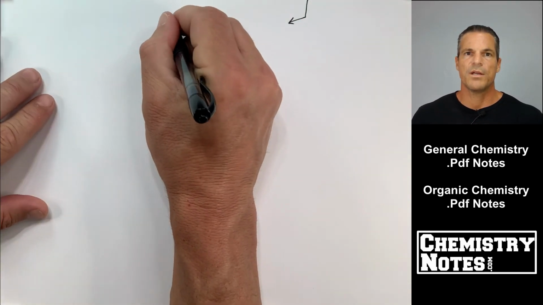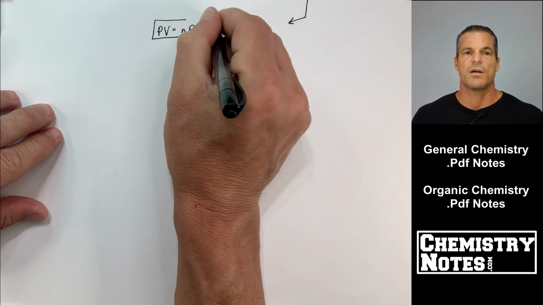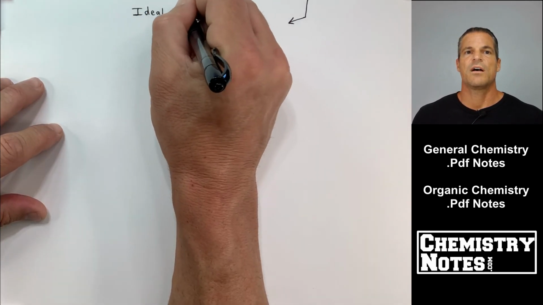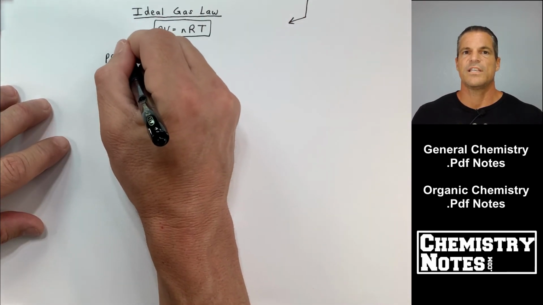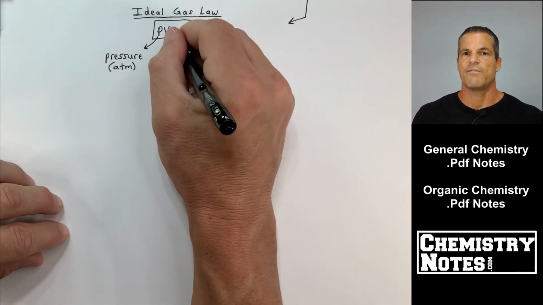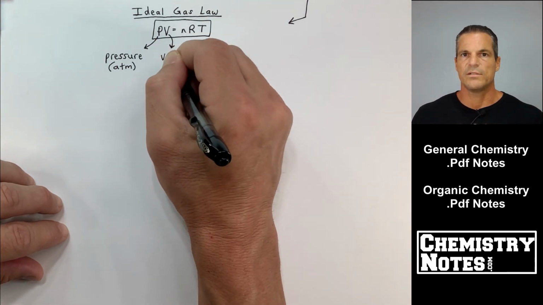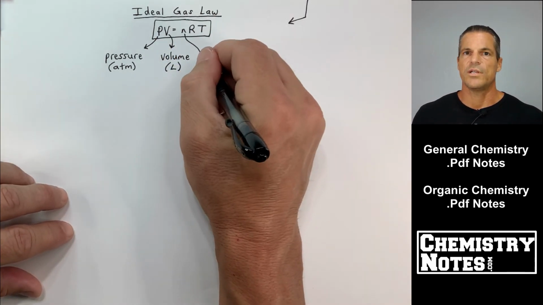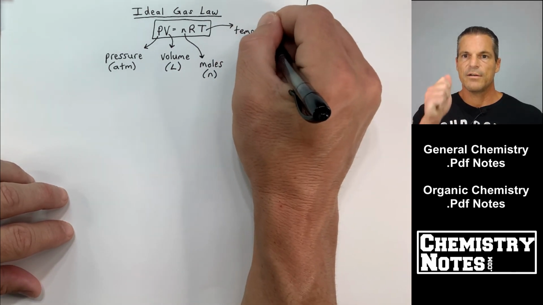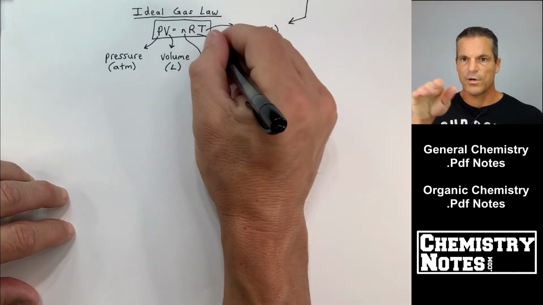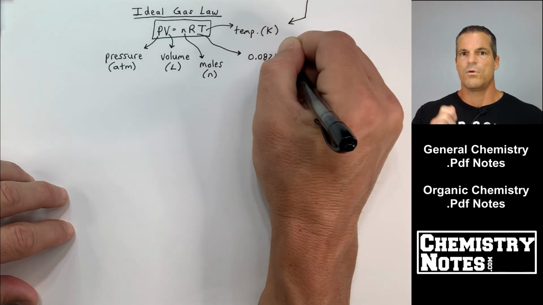One more blurb here on PV equals nRT before I let you go. The ideal gas law, if you look at the units of R, R is a universal gas constant, and the value isn't just 0.0821. It has certain units. R is 0.0821 liter atmospheres per Kelvin per mole.